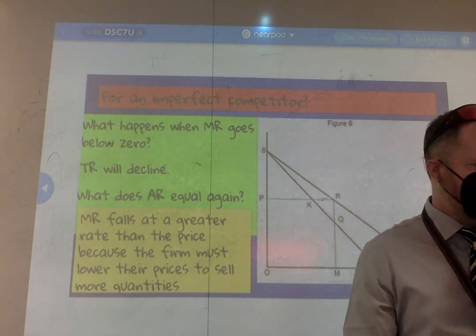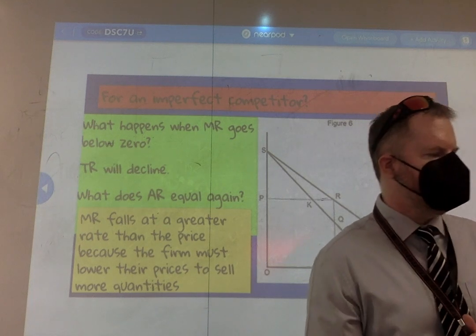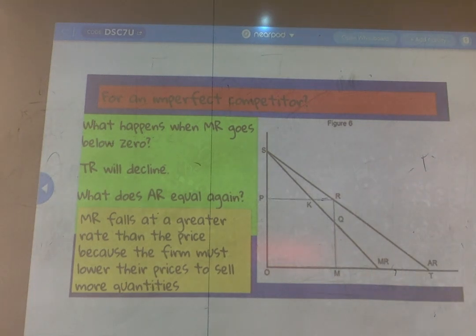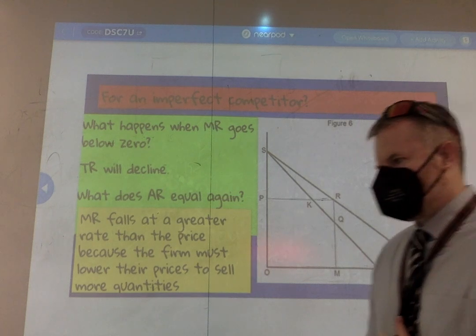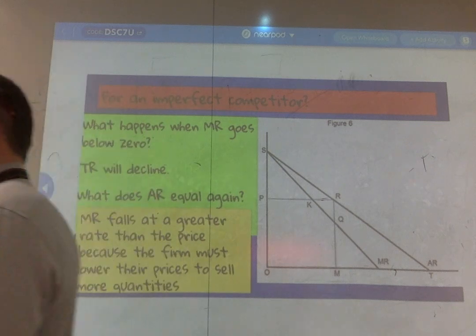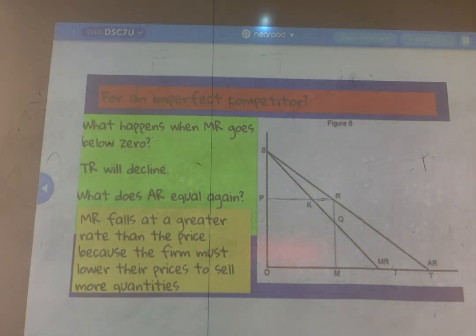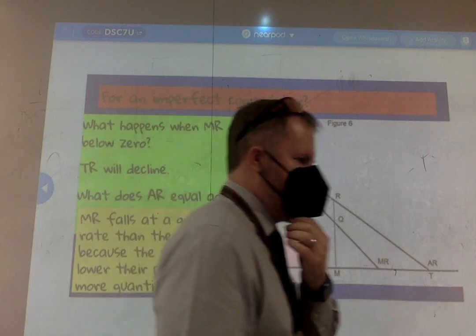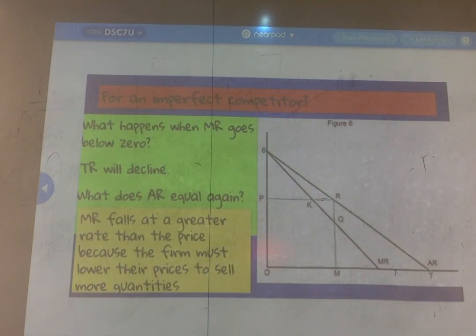Right. What happens when marginal revenue goes below zero? Well, quite straightforward. Remember that your marginal revenue is the change in your total revenue. So if marginal revenue is zero or below, what does that say, mathematicians, about total revenue?